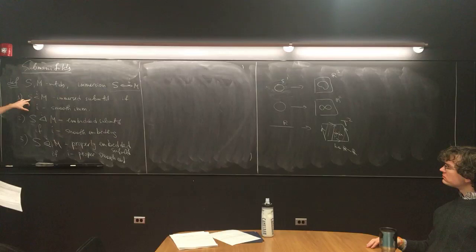Then P equals sigma of Q for some point Q, and pi composed with sigma is the identity on U by definition.